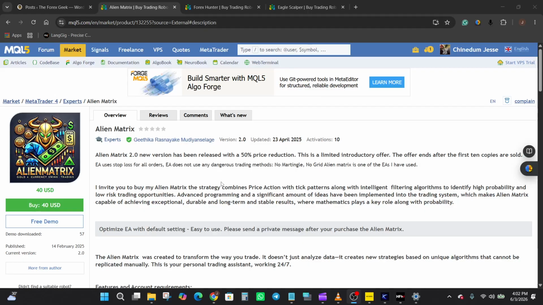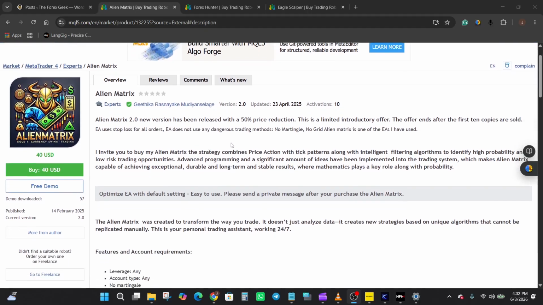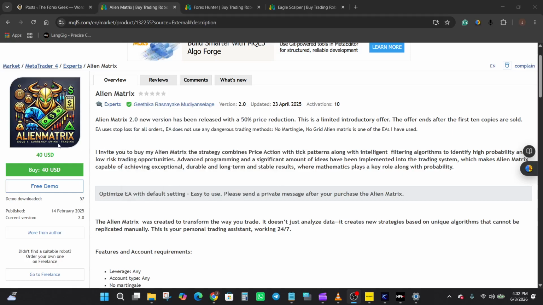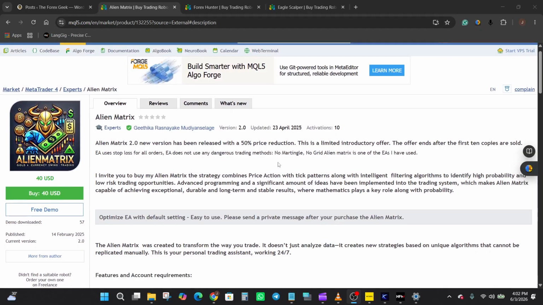Alright, so I am now on the MQL5 Marketplace page for the Alien Matrix EA, and the first thing I am noticing here is the pricing. It's currently listed at 40 US dollars, and it looks like there is a limited time reduction from a previous version, which is version 2.0.